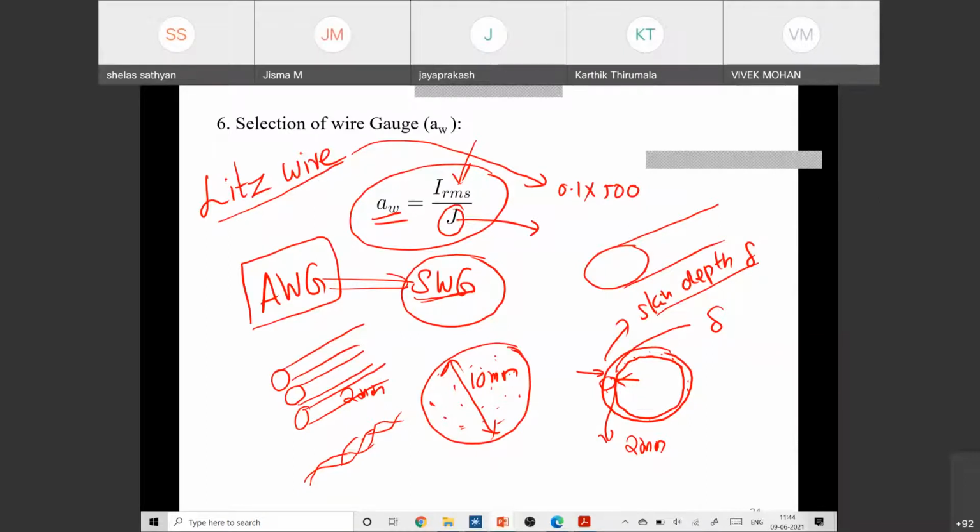That means there will be 500 small strands of wire, each having 0.1 mm diameter, and these 500 wires are insulated from each other. So the current will be divided 500 times and flow through the conductor. In fact, you can reduce the skin effect. That is something we need to take into account.